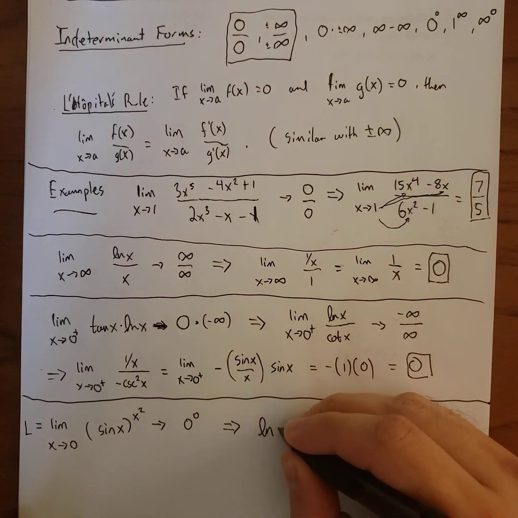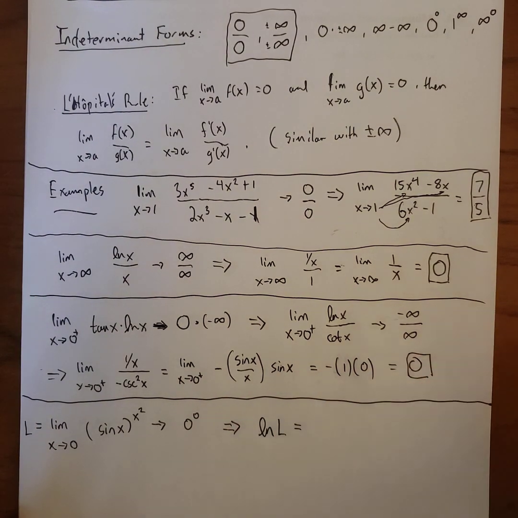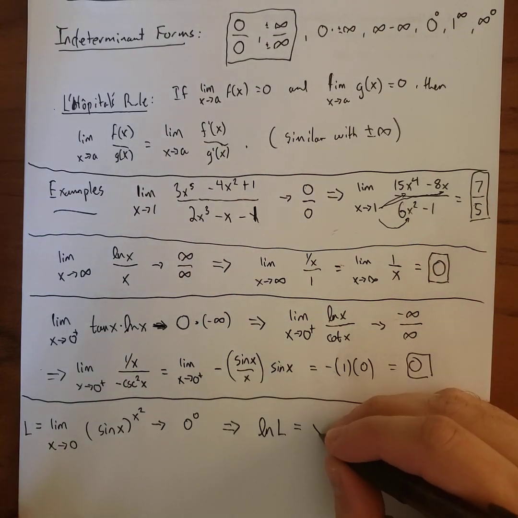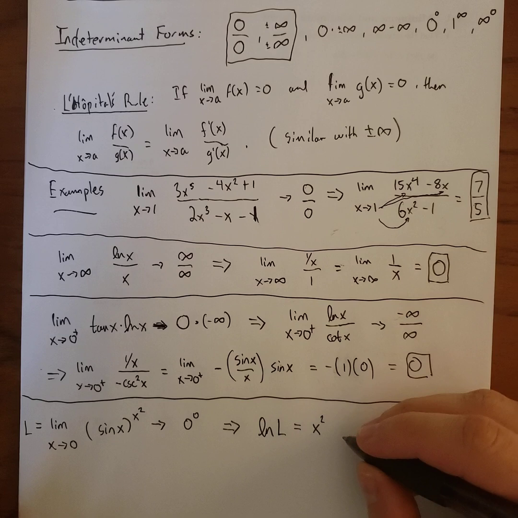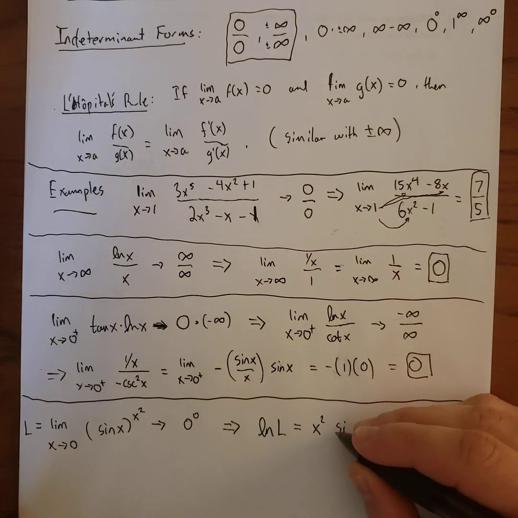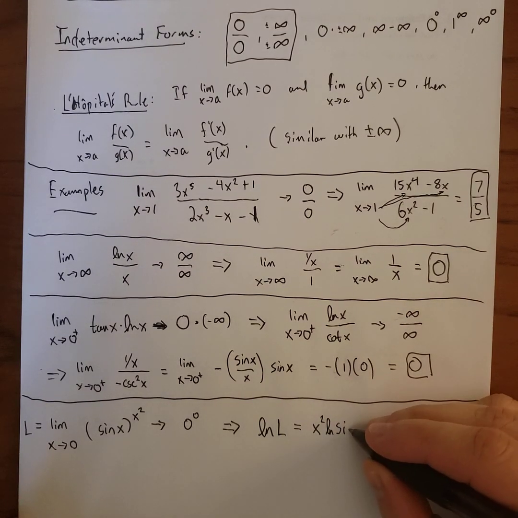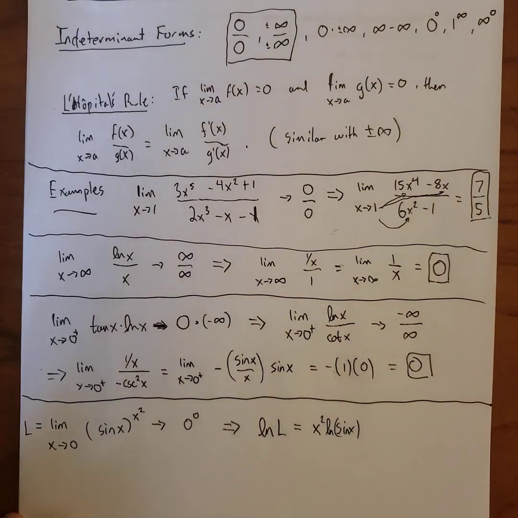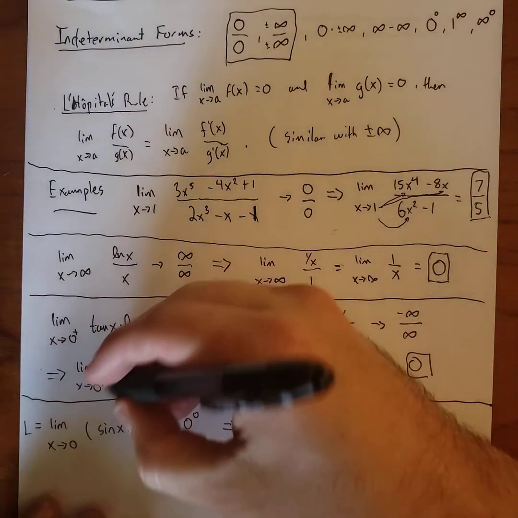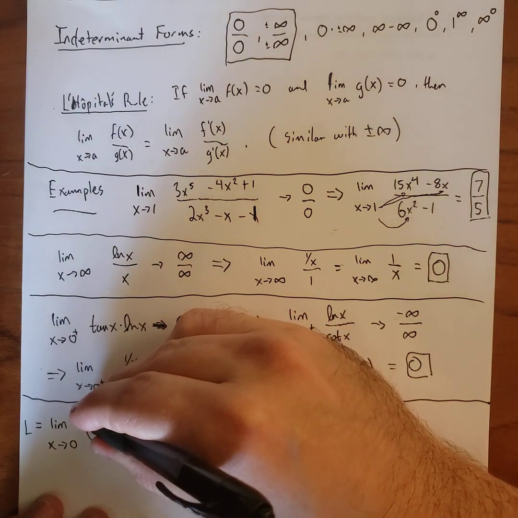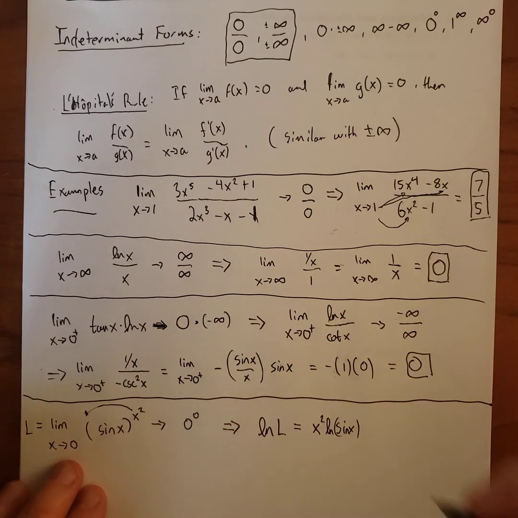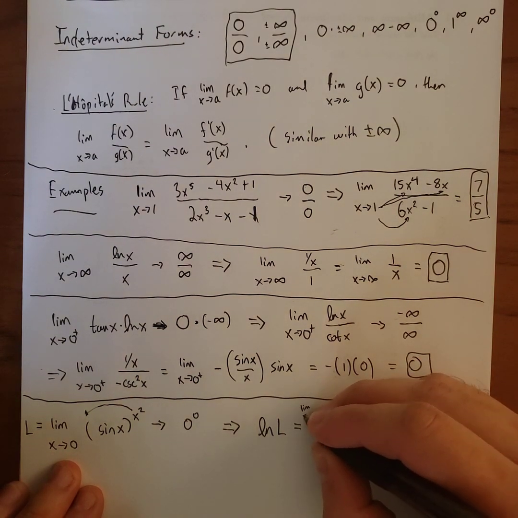So we'd have the natural log of L is equal to natural log of this, but the exponent will come down, so x squared, natural log of sine. So essentially this came down. Oh, and we're doing the limit as x goes to 0, so I'll squeeze that in here.